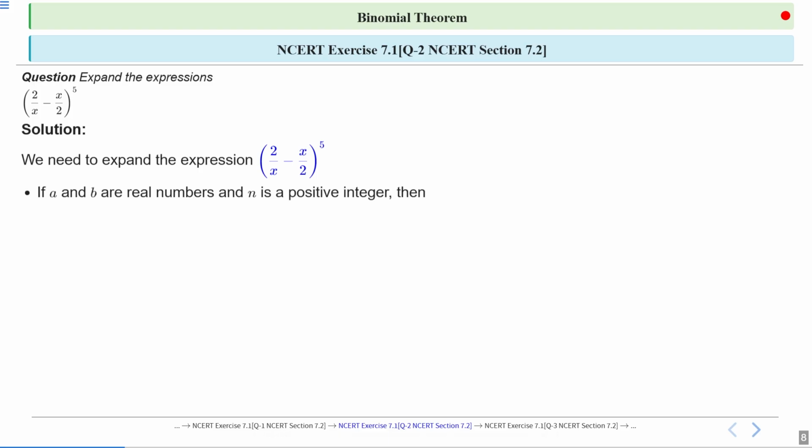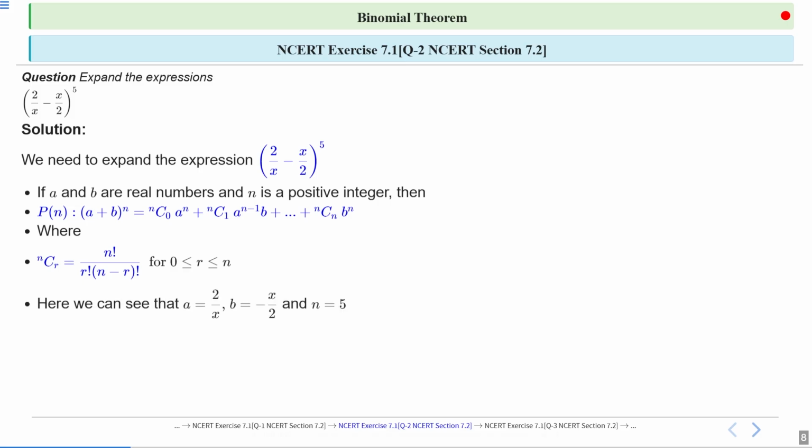If a and b are real numbers and n is a positive integer, then (a + b)^n is equal to nC0 a^n + nC1 a^(n-1) b + ... + nCn b^n, where nCr is equal to n factorial upon r factorial times (n - r) factorial for 0 ≤ r ≤ n.